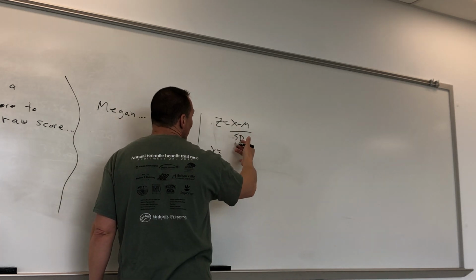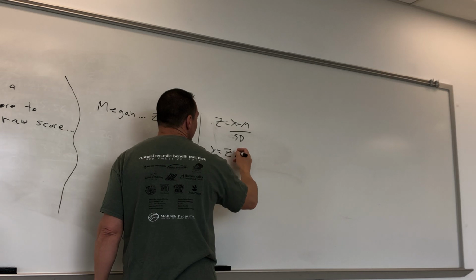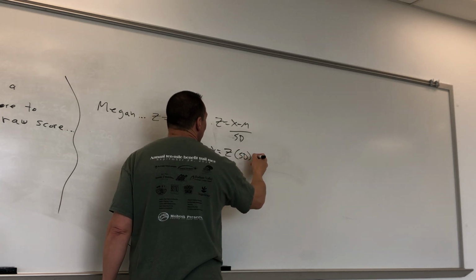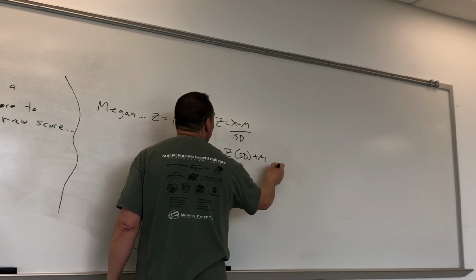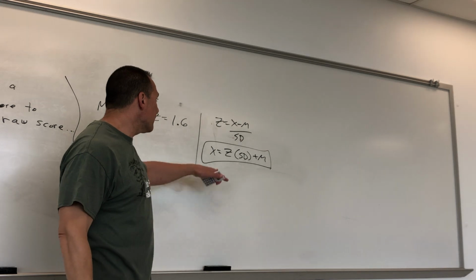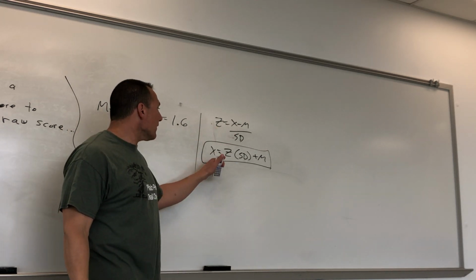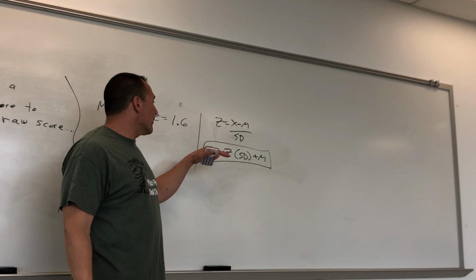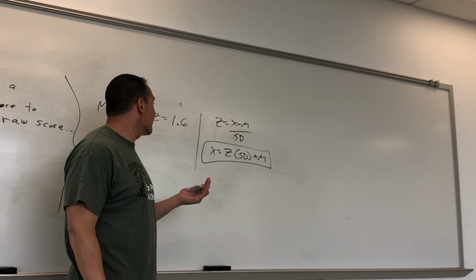So if we move this around algebraically, we multiply both sides by standard deviation, so z times standard deviation. We can add the mean to both sides, so plus the mean. And so this is the formula. This is just an algebraic reconfiguration of this z formula that is used to turn a z-score into a raw score. So that's all it is.